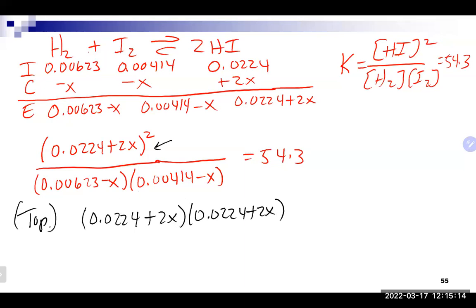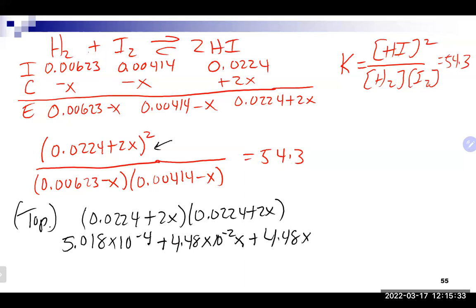If you do all that, when you factor it, you do get something like 5.018 times 10 to the minus 4 plus 4.48 times 10 to the minus 2 x plus 4.48 times 10 to the minus 2 x plus 4x squared.